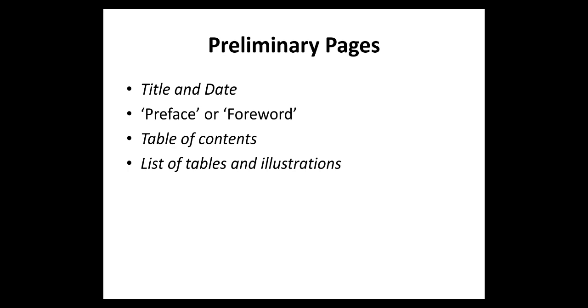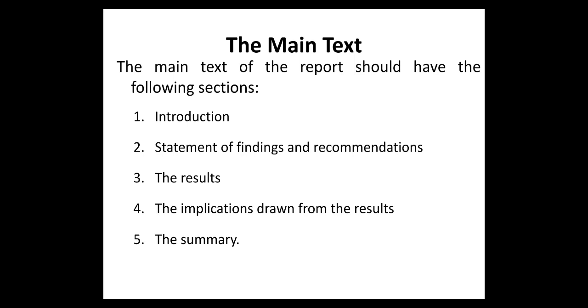So this is some benefit of maintaining preliminary pages in a research report. Then coming to the main text, it provides a complete outline of the research report along with all details.